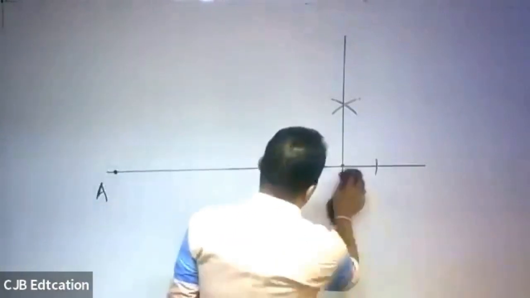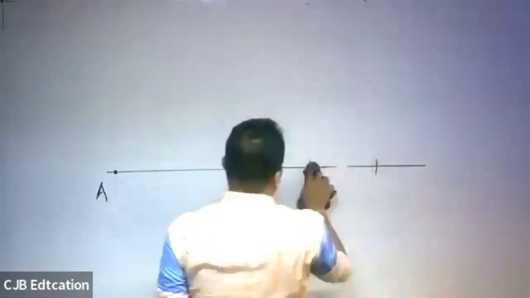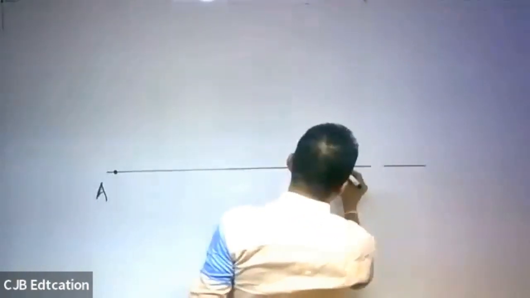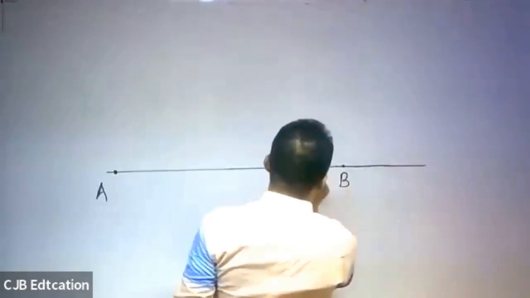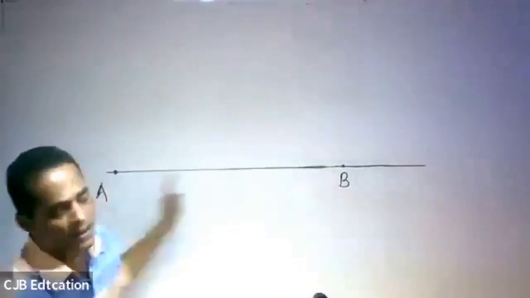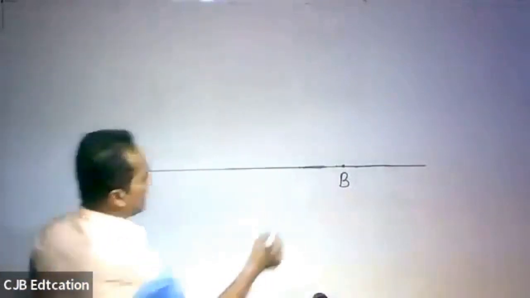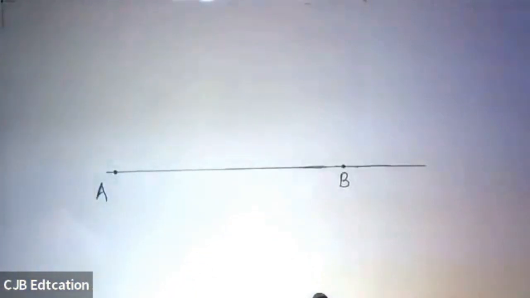Perpendicular means it should make a 90-degree angle to the given AB straight line. And bisector means it should divide that AB distance into two equal parts, right? So how can we draw the perpendicular bisector? So this is the way.